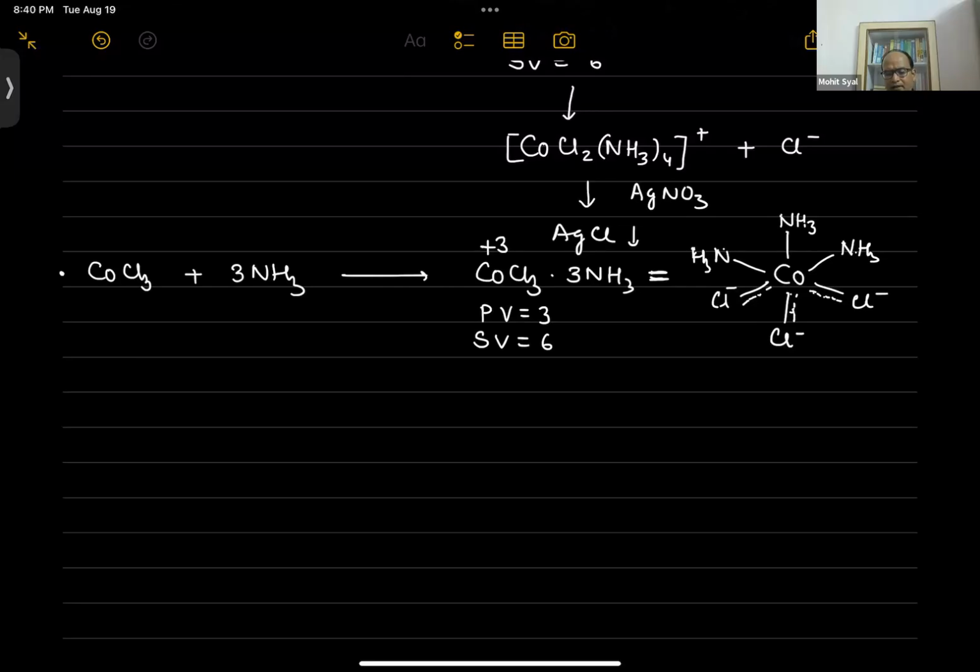So no ions will be formed. No ionization will happen.